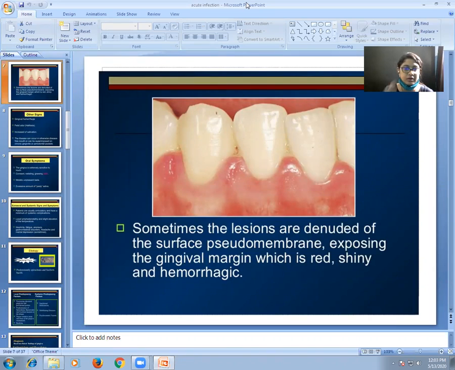There is a pseudomembrane present on the surface of the gingiva. When the denudation of this pseudomembrane occurs, it results in a gingival margin which is red, shiny, and hemorrhagic. The main characteristic of this disease is the presence of the surface pseudomembrane.